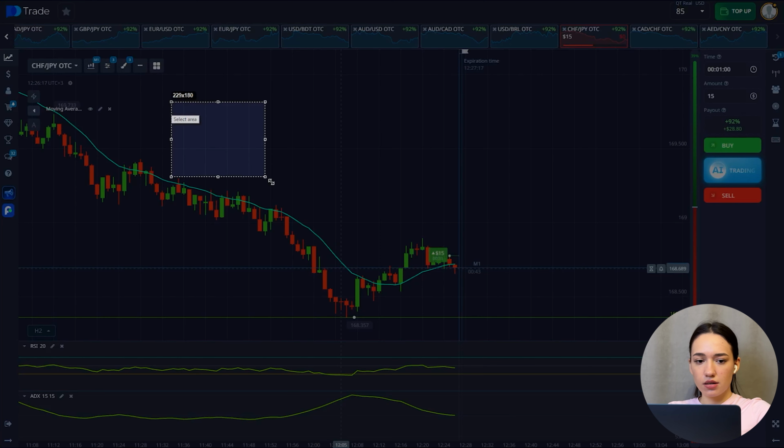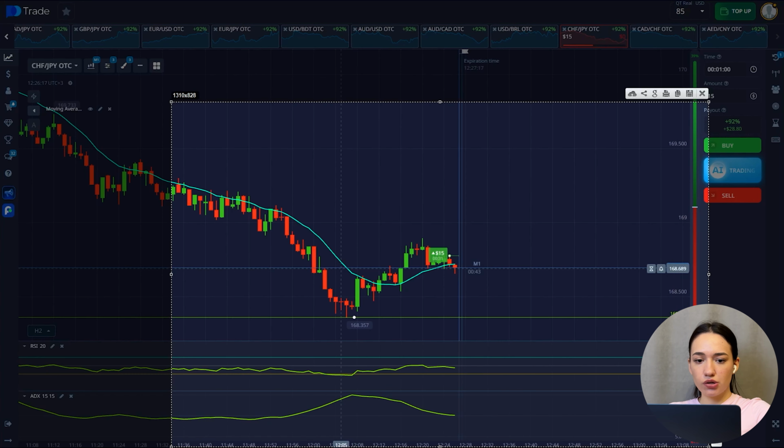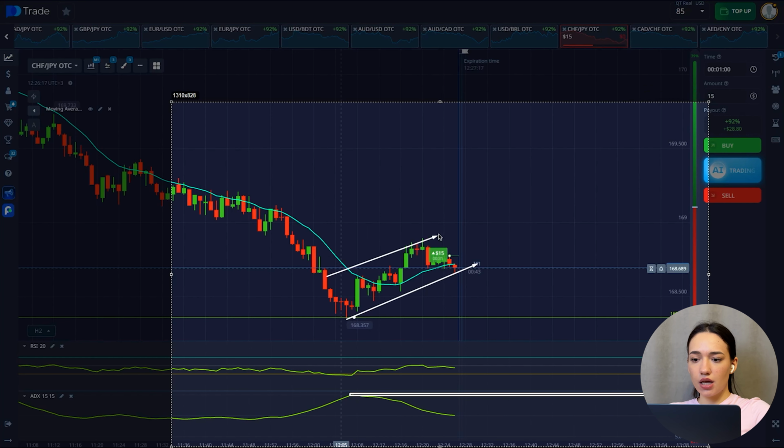So just first, the ADX shows us the trend overload, and it's reaching its peak and signaling a possible reversal. And second, the moving averages started to point downward, confirming a correction in price movement like this one.